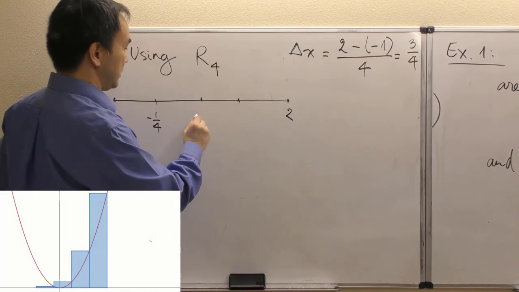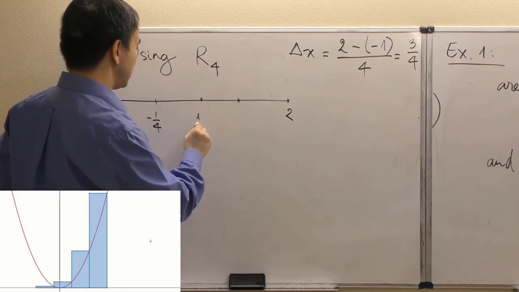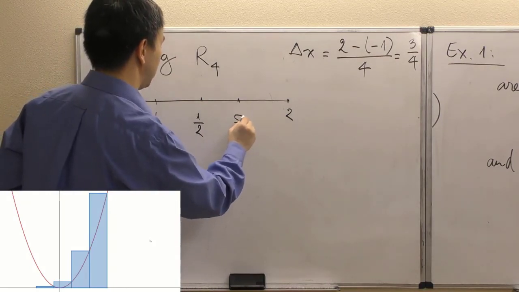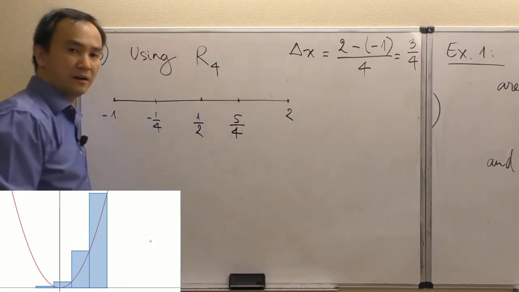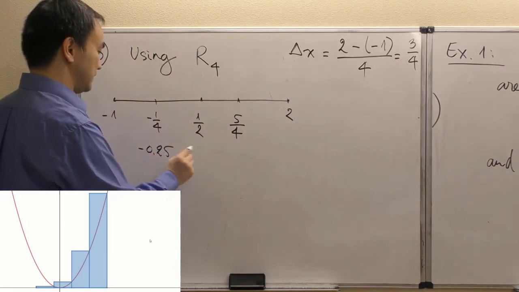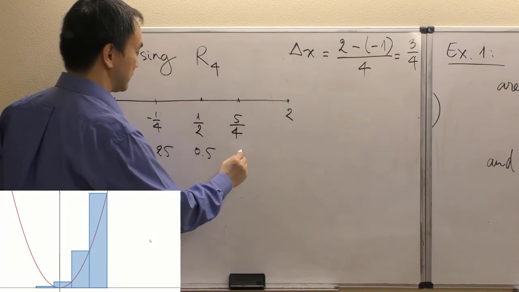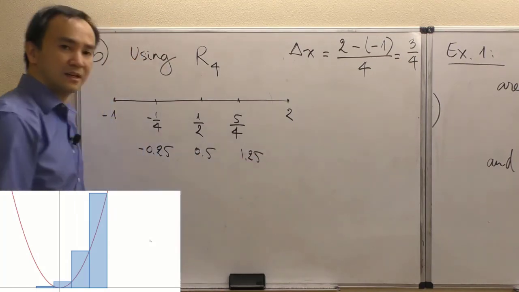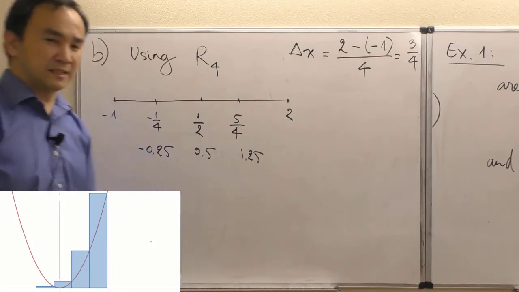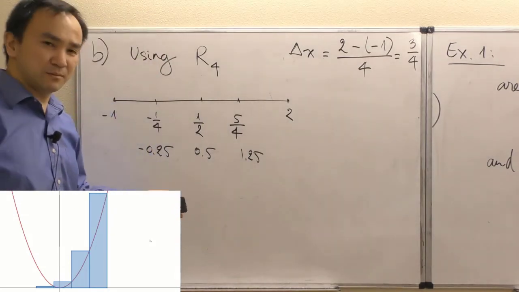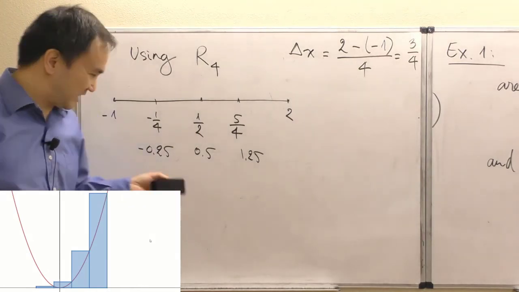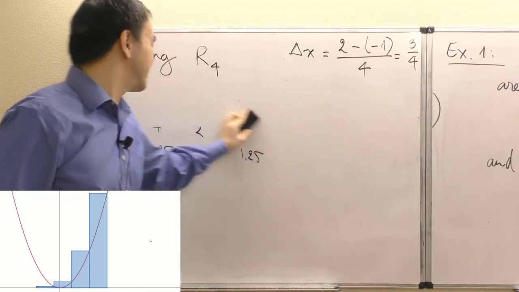And so this is here a 1/2. Okay, and this is here a 5/4. All right, and so in decimals, -0.25, this is +0.5, and this is a 1.25. Okay, so this is the quick sketch of all of the partition points right there. I highly recommend doing this, but it's never been a hard requirement actually. Okay, but it helps big time.